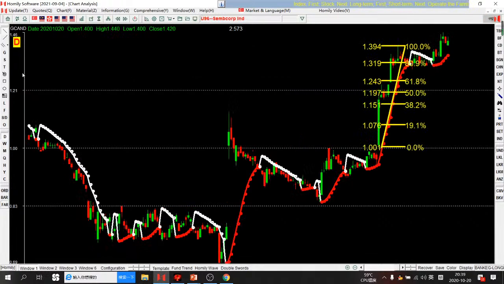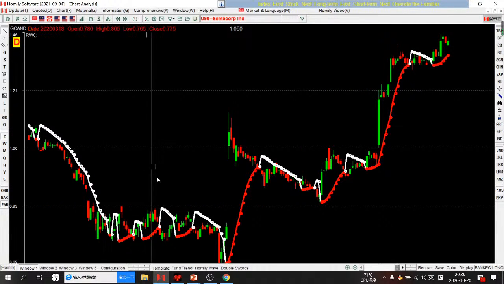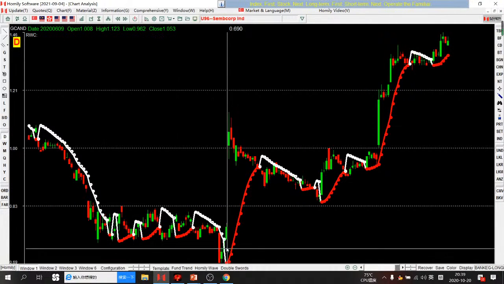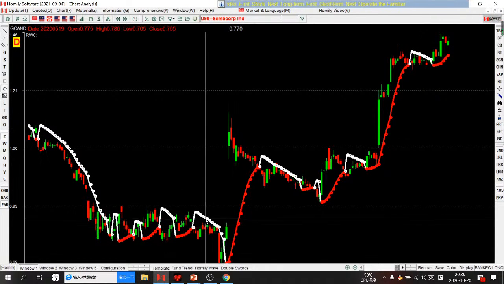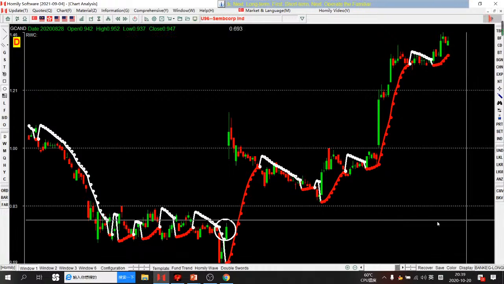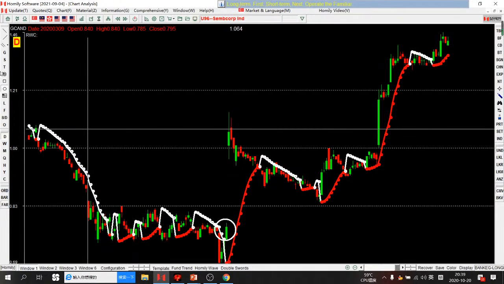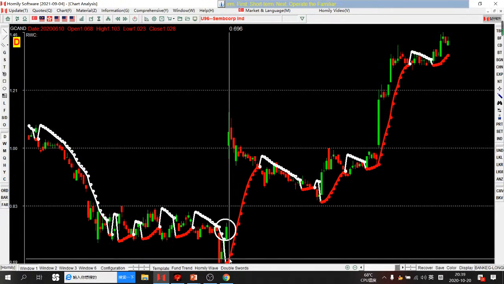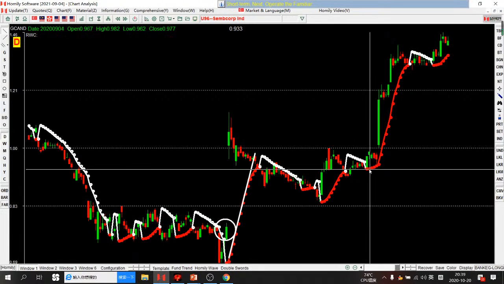we can look at some other stocks. All right. So this is a Singapore share. So the first red circle you buy. So you buy the first red circle here. All right. And then the share actually has a very big gap up.